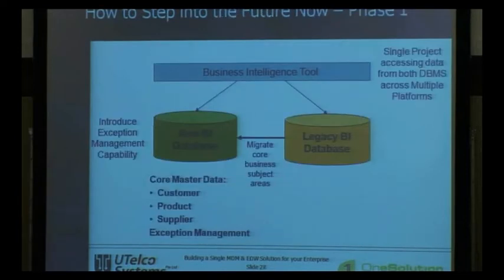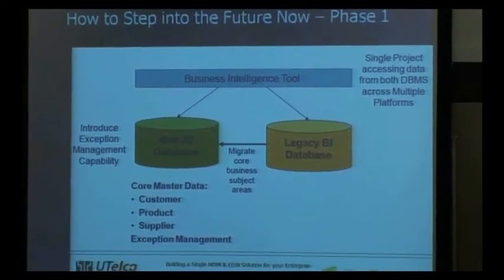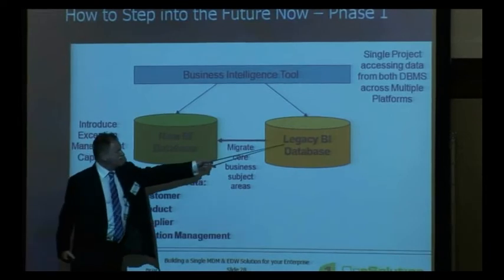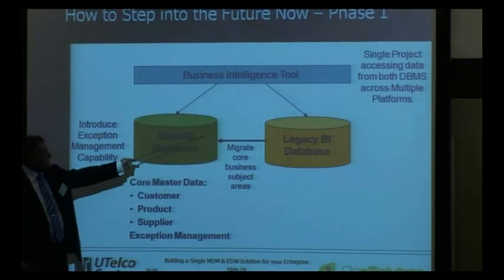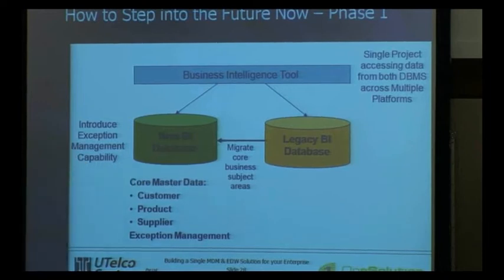So the first phase of this migration to the new environment, so we're migrating from the legacy business intelligence to the new business intelligence. We migrate the core business subject areas, the business themes on our enterprise services model. This is the core master data, customer, product, supplier, and we're implementing exception management on that day one.